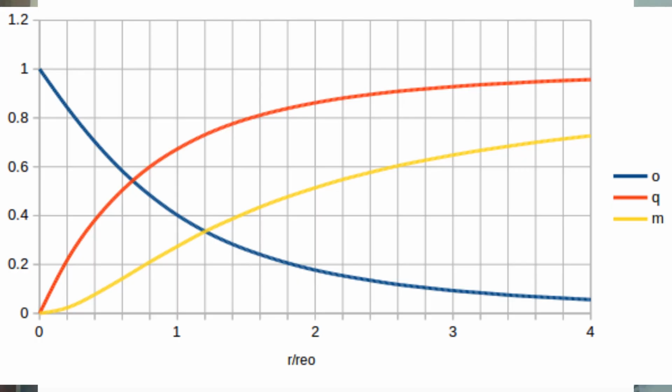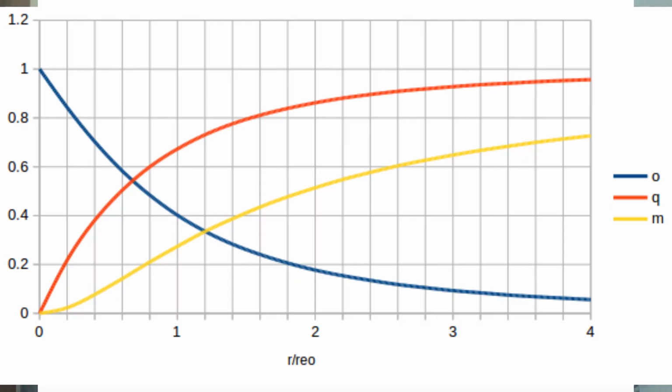Here is a curve that's going from 1 and then coming down to 0. This is the order. In the center of the electron, you have a very high order, close to 1, and then it goes down to closing into 0, let's say, when you come further away. And then the other two are the charge and the mass.